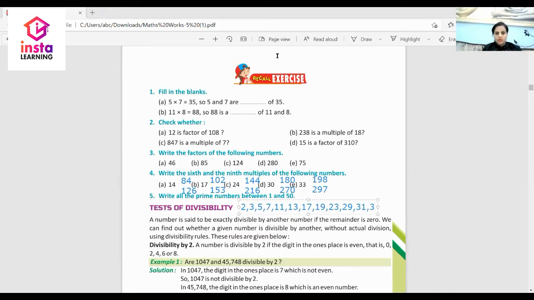Make the font big enough so that all the digits come properly. So these are the prime numbers till 50. So we have done this recall exercise that we have done already.